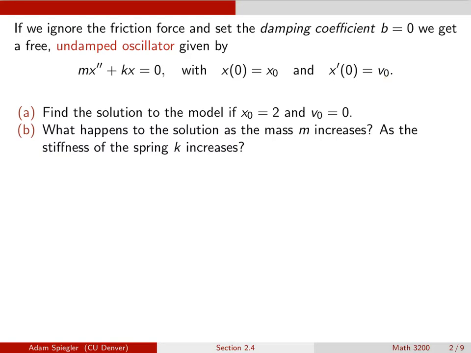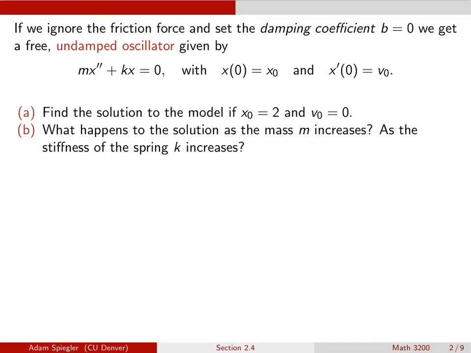So we could take the mass, stretch it 1 centimeter to the right, and in addition, at time 0, give it some extra push or pull. So at time 0, the mass is located at a certain position and it has a certain velocity.